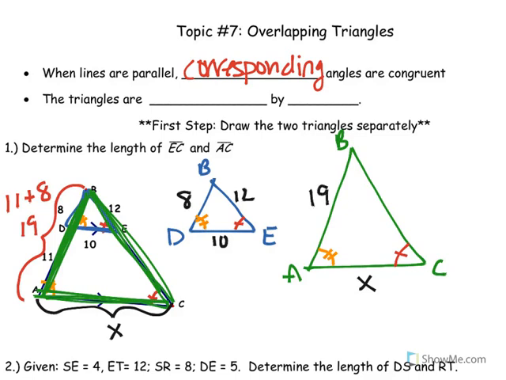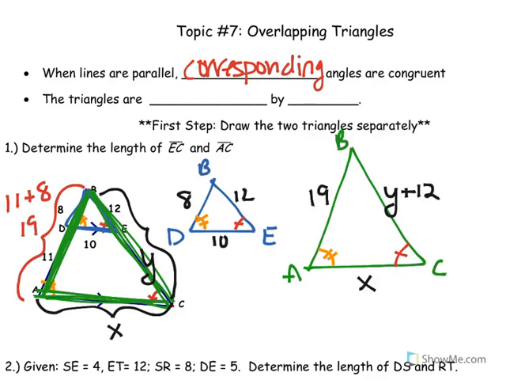So that side length is 19. And this side length here, I don't know either because it's missing this portion, so I'm going to call this portion Y and say that this entire side length is Y plus 12.